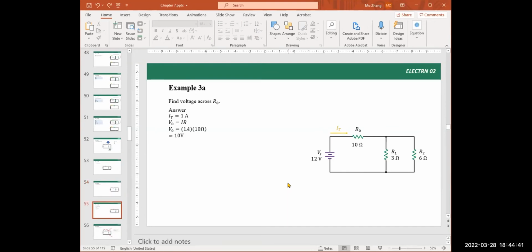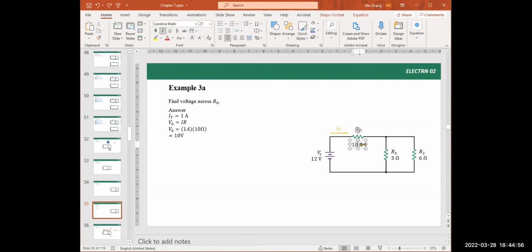Use Ohm's law. To find the voltage drop on R0, we can use Ohm's law. The current has been calculated in the previous step, and the resistance is known, 10 ohms. So now we can figure out the voltage drop on it.